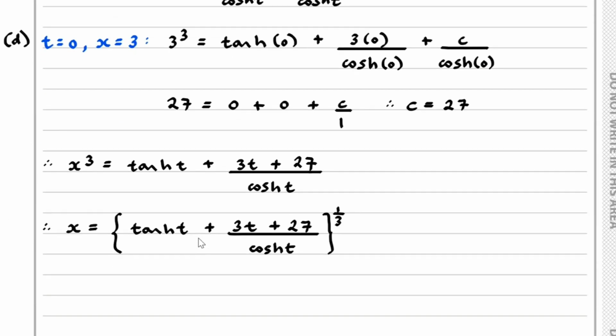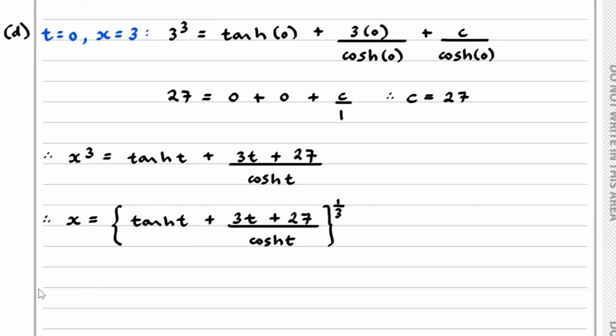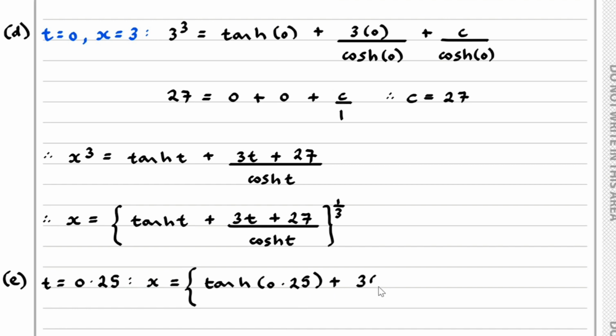So with t equaling 0.25, which is 6 hours, x is equal to tan of 0.25 plus 3 lots of 0.25 plus 27 divided by cos of 0.25, and this is raised to the power of 1/3.